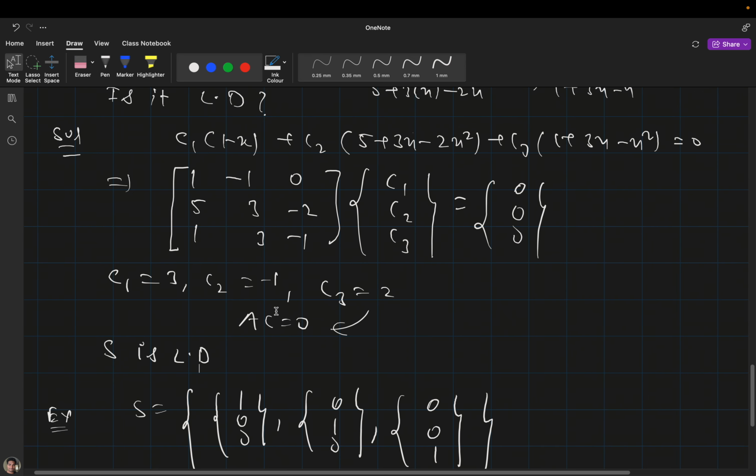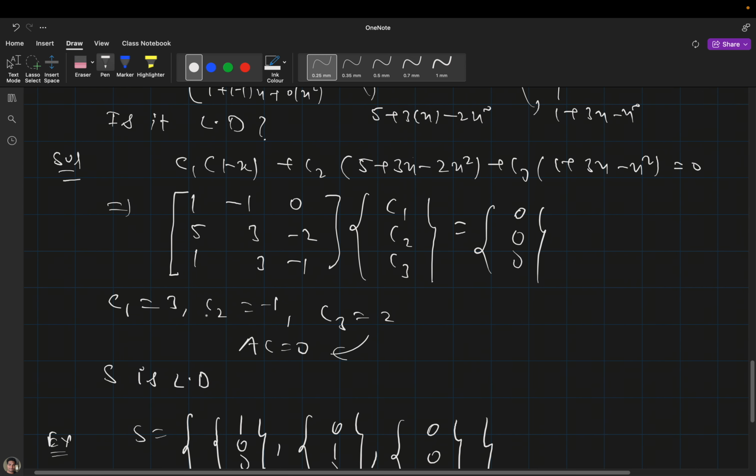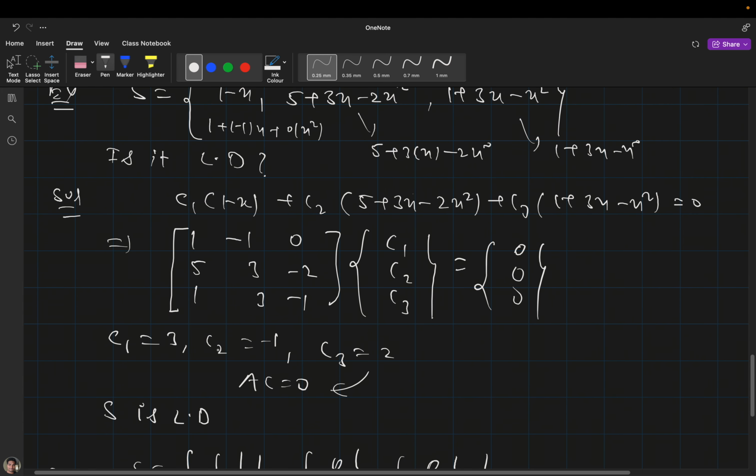Yeah, fine. Please explain the last step, sir. Those C1, C2, C3 values. Yeah, you can check that. Anyhow, you will get an infinite number of solutions here. But I'm just checking that if C1 equal to 3, C2 equal to -1, and I get C3 equal to 2, then I am getting a non-zero solution, which means that the system is linearly dependent, because here you are not getting the trivial solution.